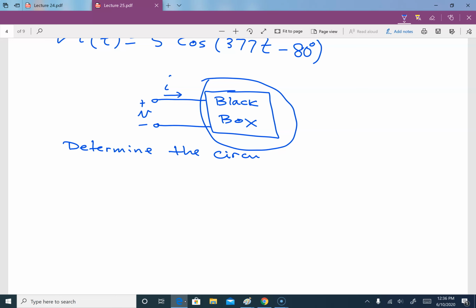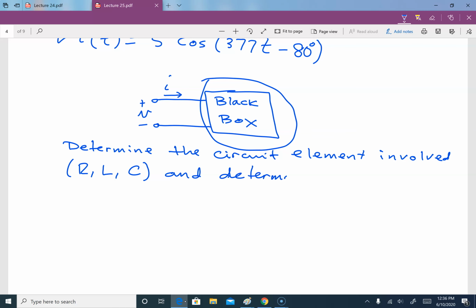the circuit element involved, whether it is R, L, or C, and determine its value in its proper unit.